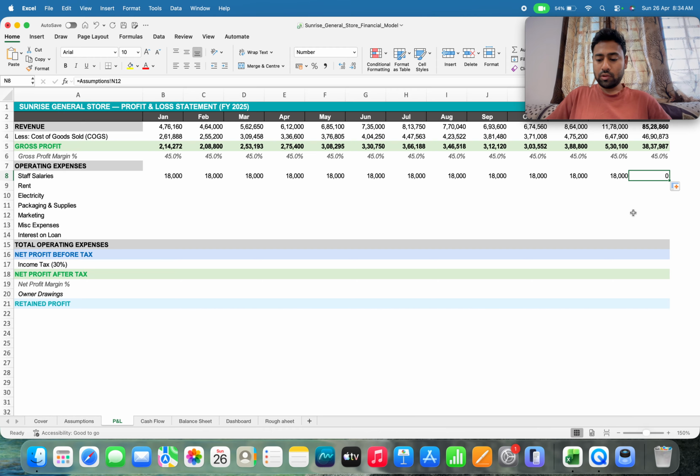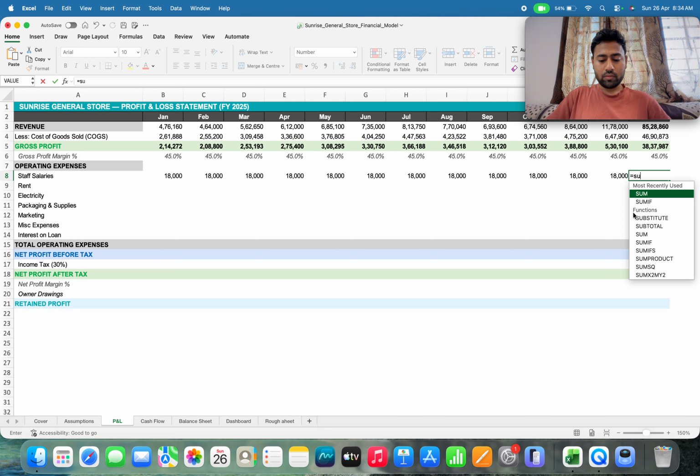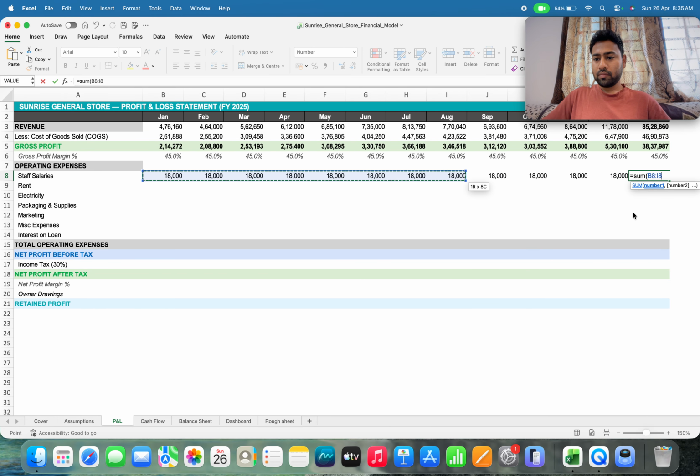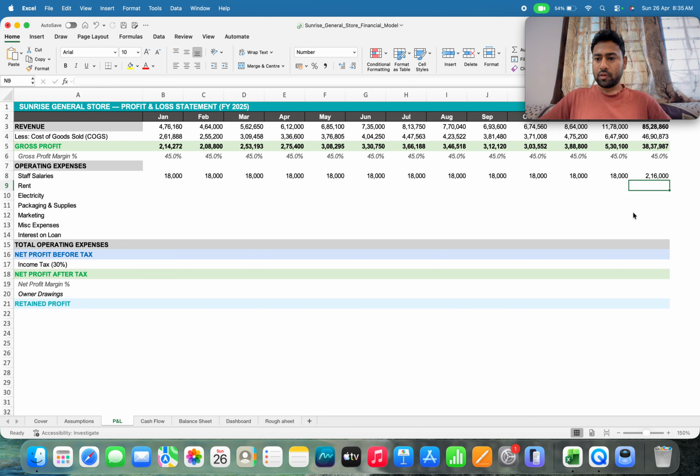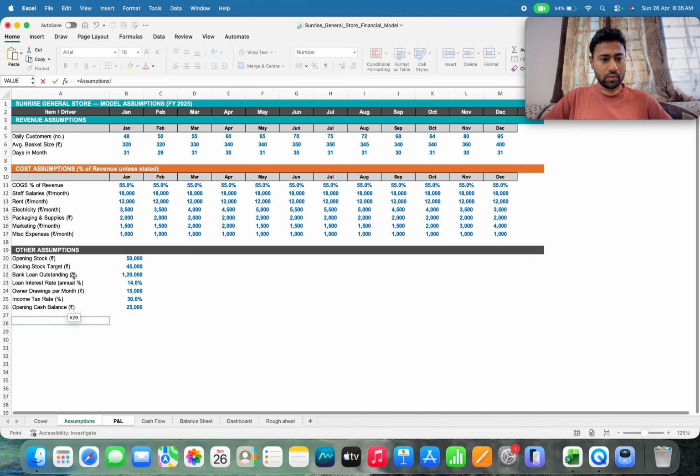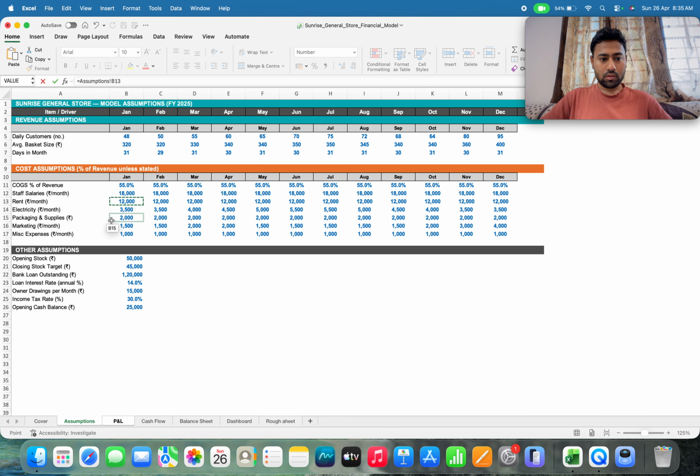Here we will do the summation, is equal to sum. We got the total staff salary. Now rent is equal to, how much is the rent? 12.